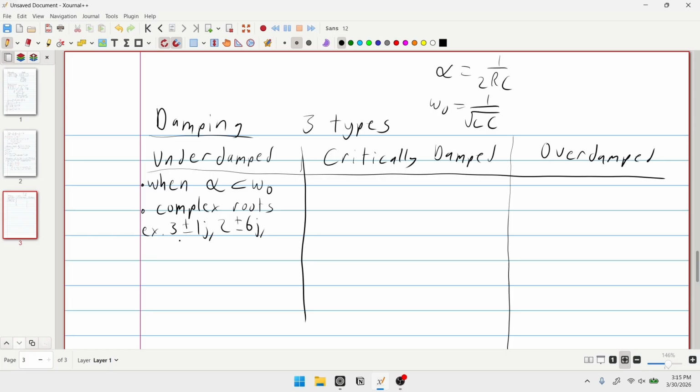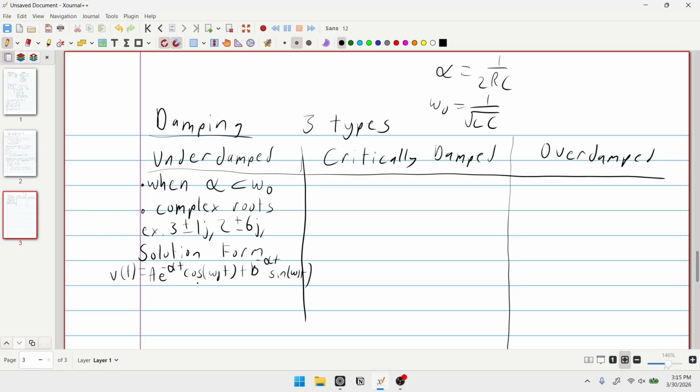And so what that means, as we talked about before, is we would have the solution form of a e to the negative alpha t cosine wd t plus b e to the negative alpha t sine wd t.